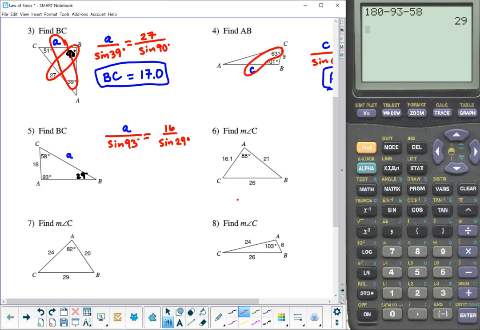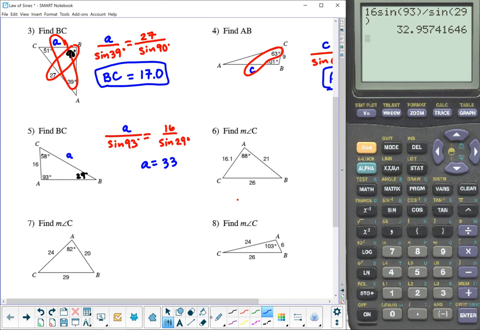Multiply both sides by sine of 93 to cancel this side out, and you get sine of 93 showing up on this side. So A equals 16 times sine of 93, close that parentheses, divided by sine of 29, close that parentheses. You get A equals 32.95. The 5 rounds a 9 up, the 9 rounds a 2 up, so A equals 33.